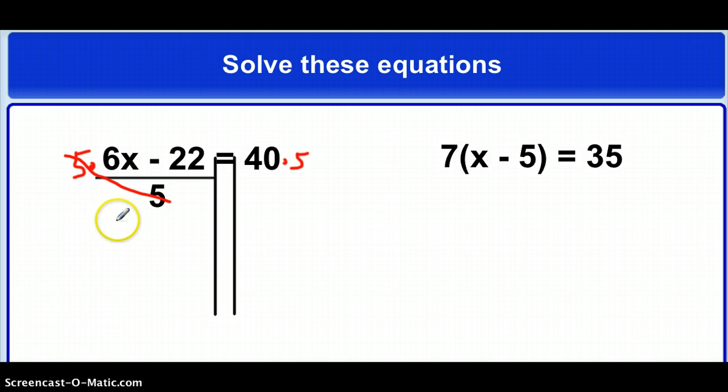So what we'd have left on the left side then is 6x minus 22. Again, keep our equal sign in between the train tracks, and that's why we call them train tracks. It looks just like a train track when you have the equal sign inside there. 40 times 5 is 200.